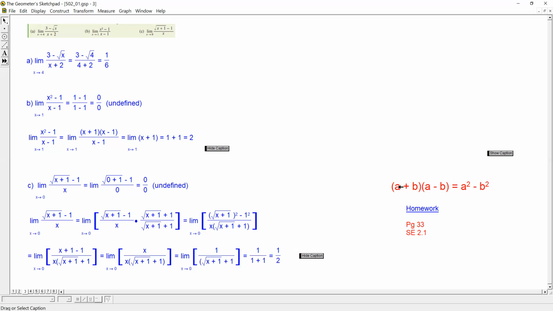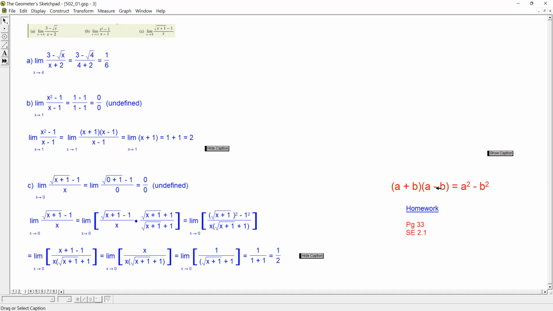This identity says that if a plus b, a minus b, or the other way around, a minus b, a plus b, it will be equal to a square minus b square.